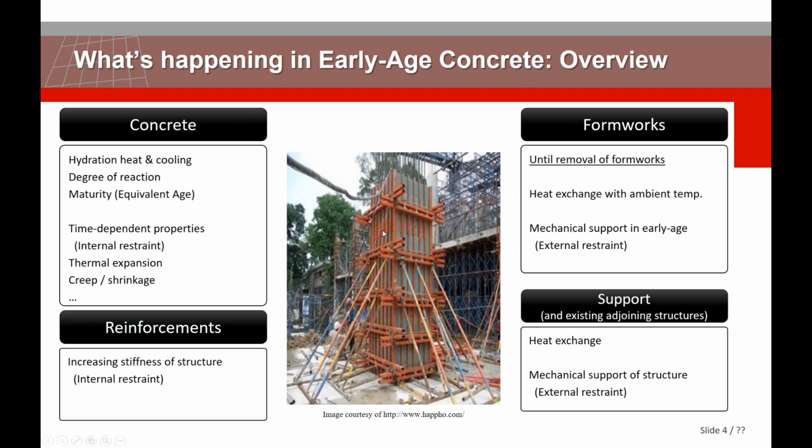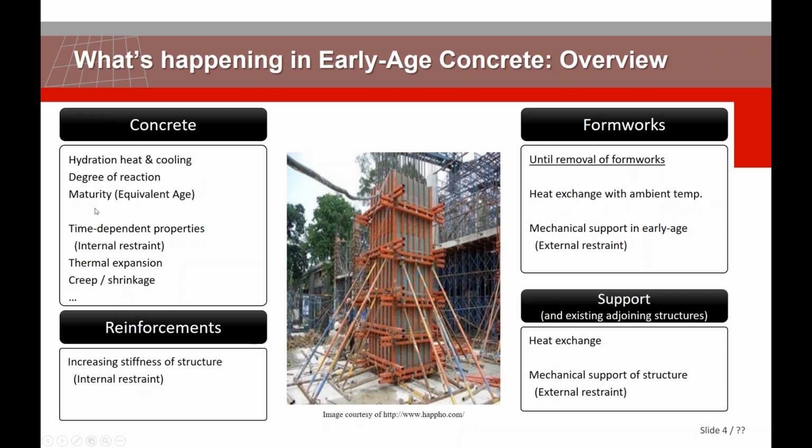There's a concrete column with reinforcement, and there's a steel formwork with support, and this is located probably in what looks like soil. So what's happening in concrete? Hydration heat, and after it will cool down, and depending on this heat, you will get the degree of reaction and also maturity of your concrete.